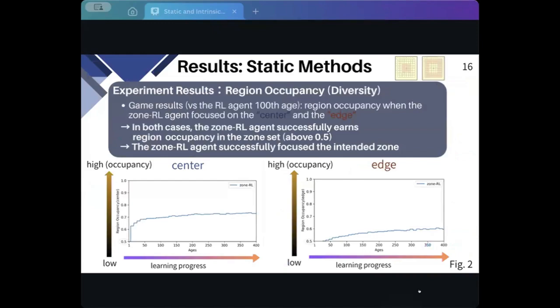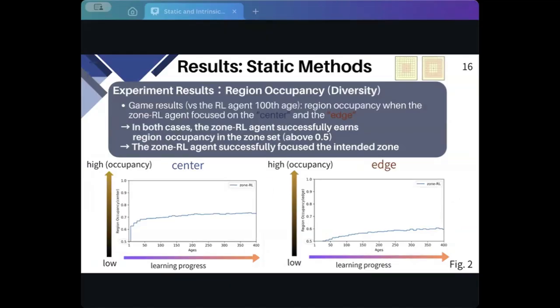Next, these figures illustrate regional game results with a supervised learning model. Similar to the previous graph, the x-axis represents the learning progress. However, the y-axis represents the region occupancy in the intended zone. Like the error rating, as the region occupancy increases, the strength of the agent in the intended zone also increases.